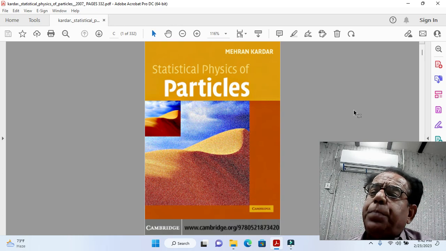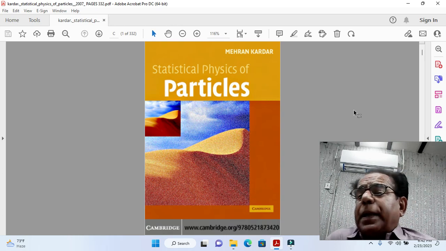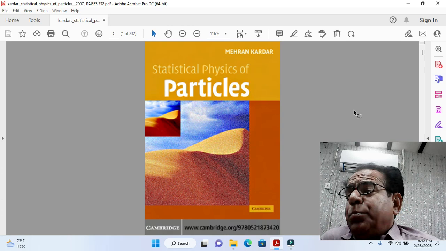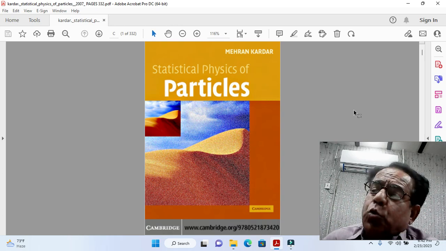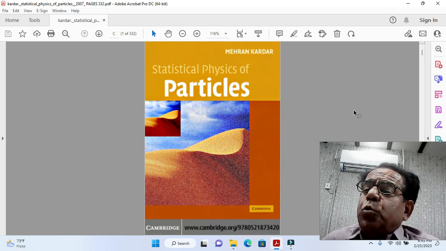Statistical physics of particles, two in one package. This book is not only included in the list of statistical physics, statistical mechanics, but also in the list of books of particle physics.